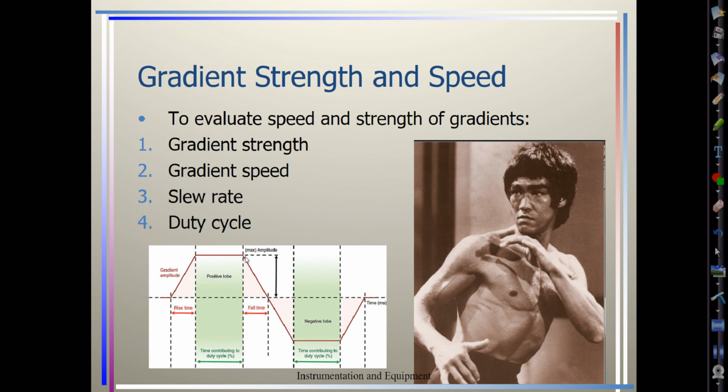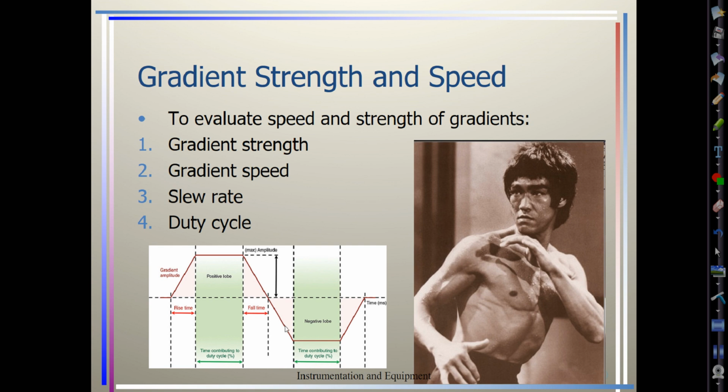We also have the fall time when we turn off that gradient and it goes back down to equilibrium. But then right here, what do you think this is? Is this fall time or rise time? Rise time. It's rise time, but you're just going in the opposite direction. Okay?